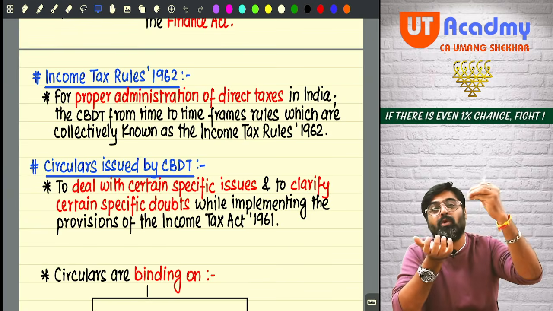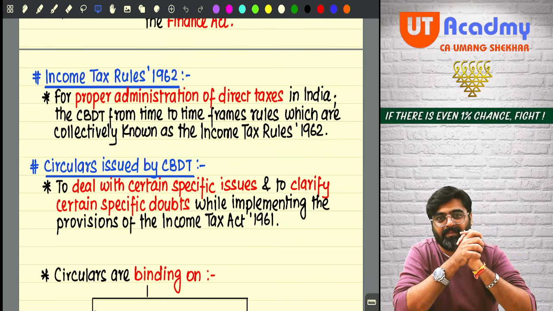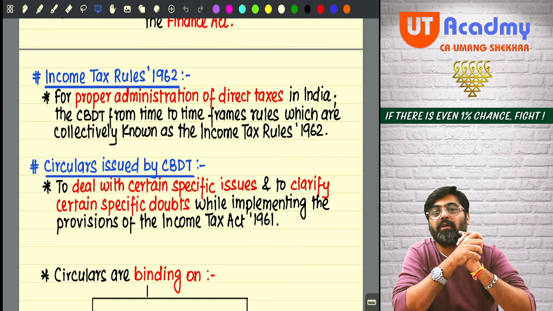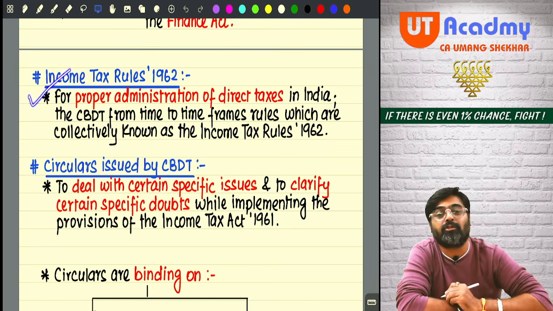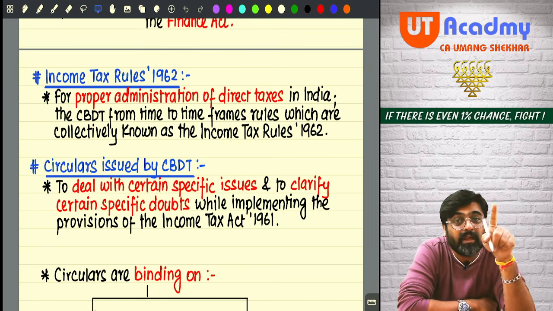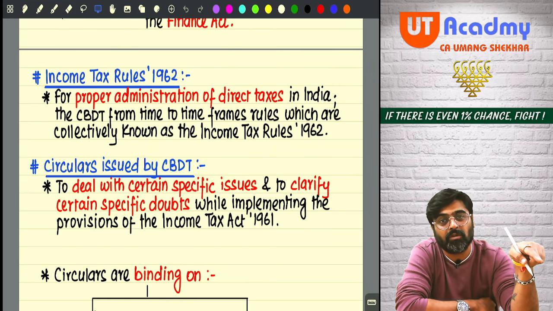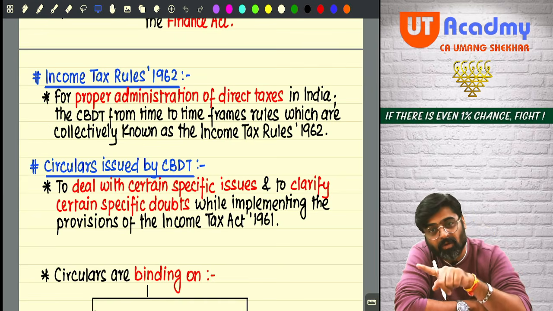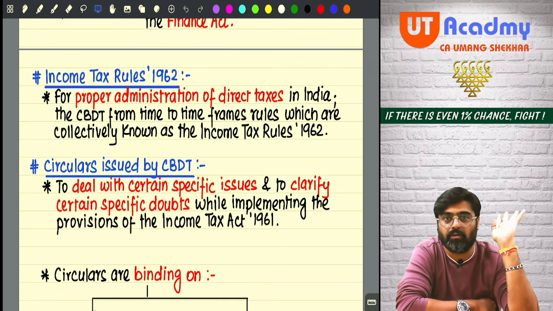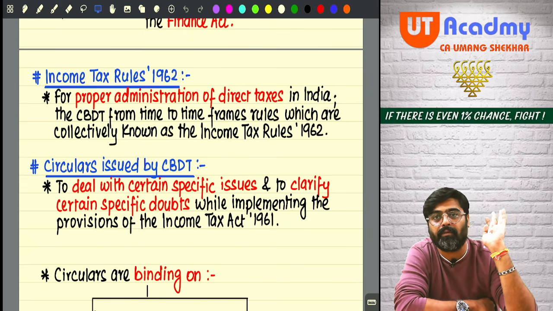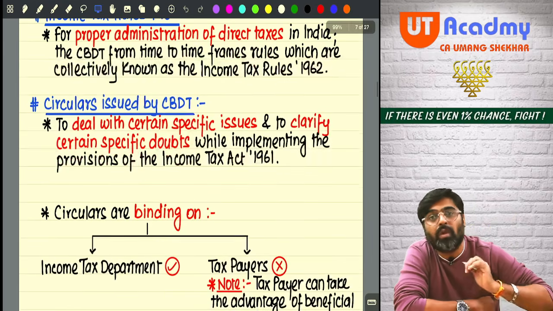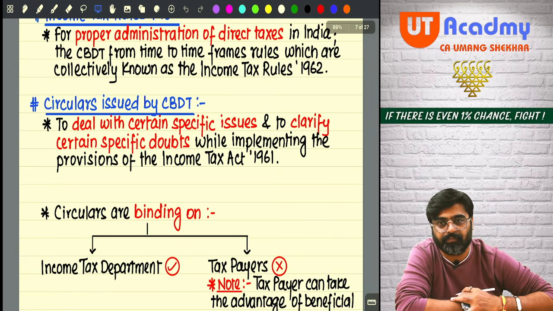Everyone got this? So these income tax rules you will also be studying. In some provisions, if there is an applicability of income tax rules, we will learn that income tax rule along with that provision. Getting my point, everyone? Now, circulars are issued by CBDT.